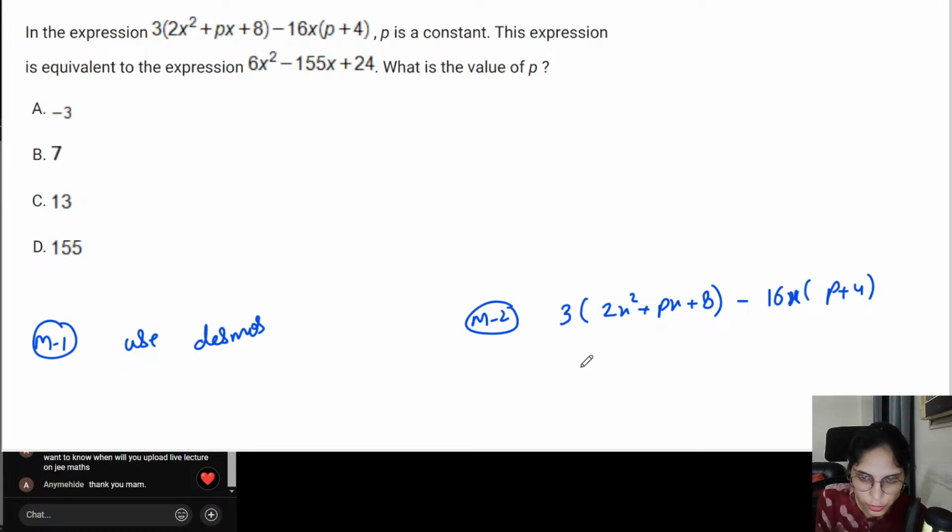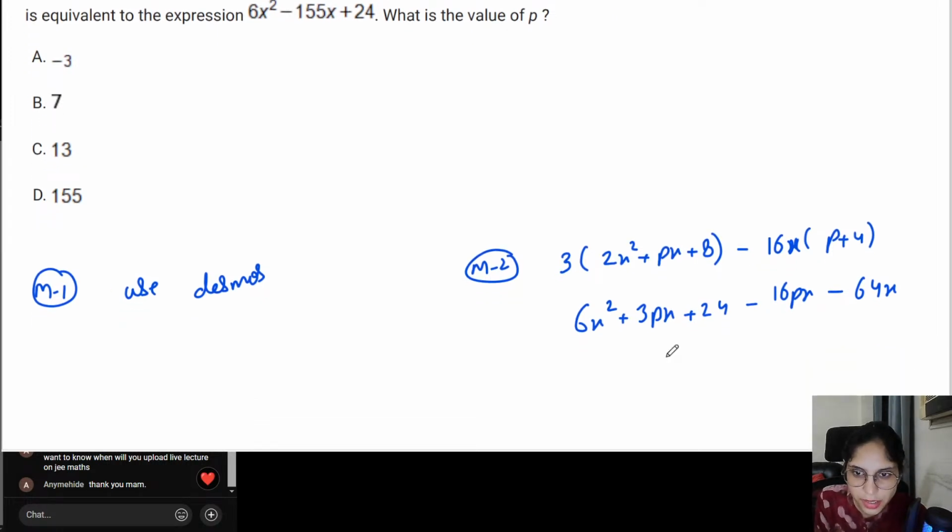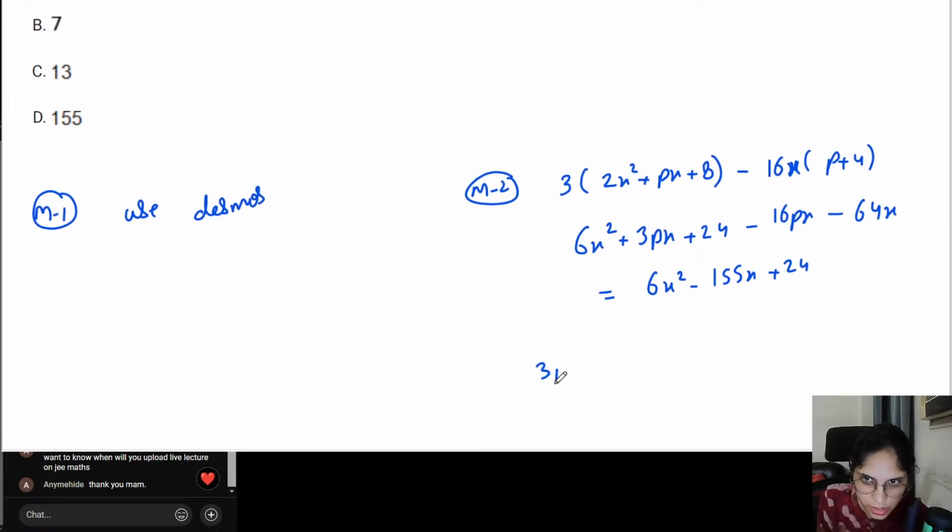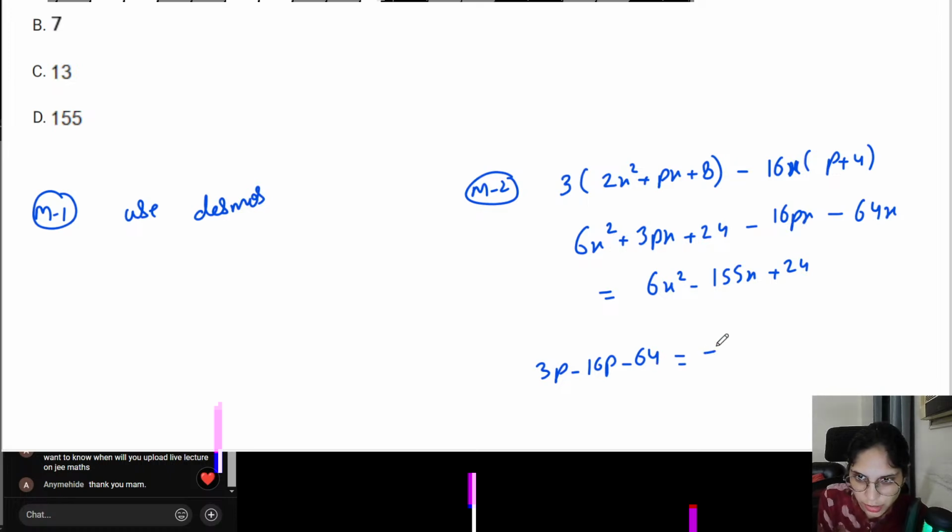I have to multiply 3 with all three of them. 24 minus 16px minus 64x. Now p is in all the x terms, so I will write all the x terms. 3p minus 16p minus 64 is equal to negative 155.